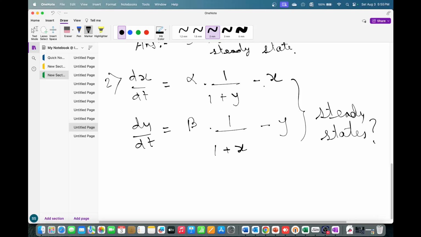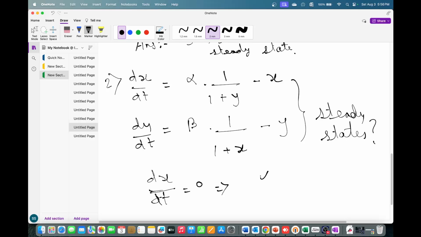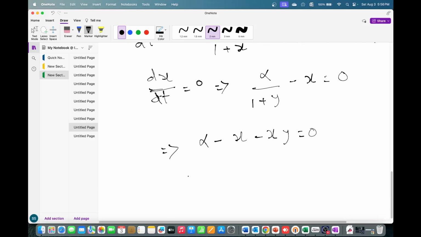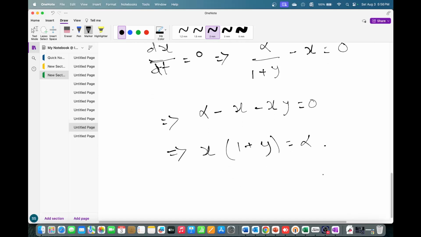First you have to find the null lines of each. So let's try with the first one, dx/dt equal to 0, which implies alpha by 1 plus y minus x equal to 0. Alpha minus x minus xy equal to 0 implies x into 1 plus y equal to alpha.